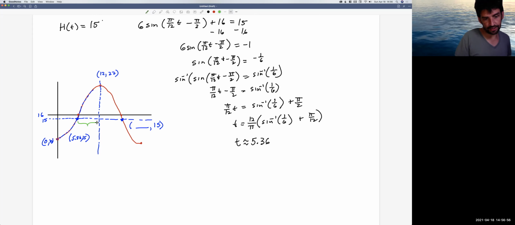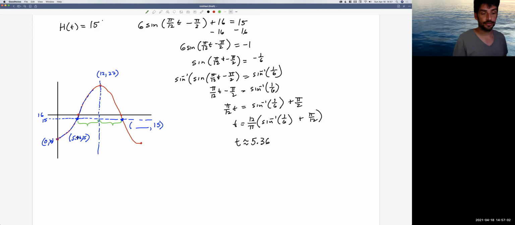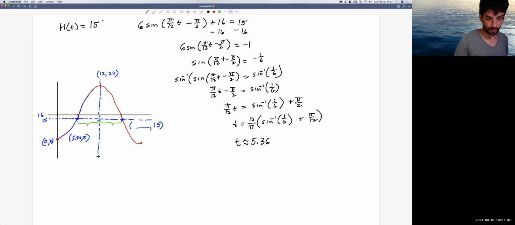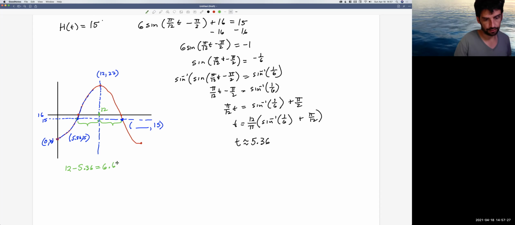This distance here and this distance here are going to be the same. So now I'm thinking about x coordinates. Right here, we're at 12. This point here is at 5.36, so this distance here is going to be 12 minus 5.36, or 6.64.